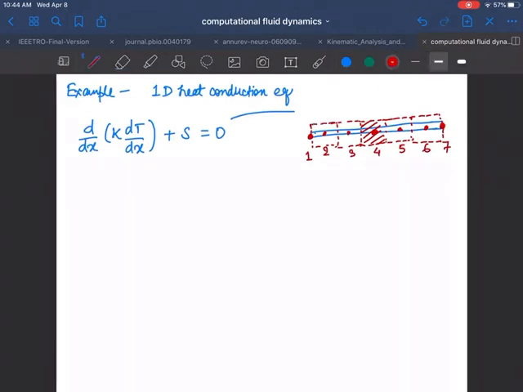So what we'll do is take one control volume. Let's suppose the fourth control volume. My fourth control volume will look something like this, and we'll call this control volume with a generic name, capital P. Okay, and the neighboring nodes are written in this manner.